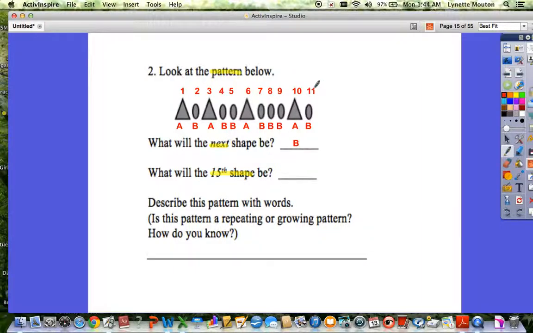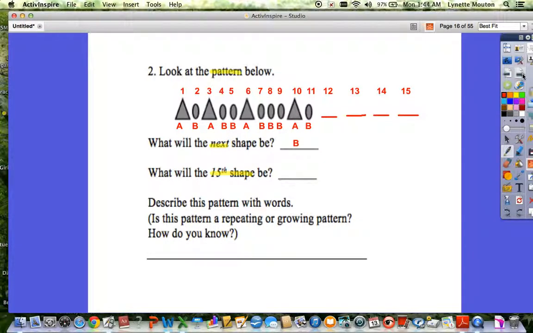Okay? The next part of the question asks you what shape number 15, the 15th shape, would be. So then we have to count how many shapes we already have, and here you see there are 11, and include up to 15. I normally put spaces on mine so that I can actually write out the pattern to show which one will be 15th.